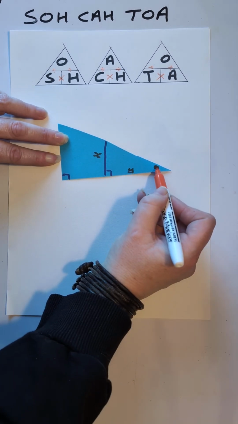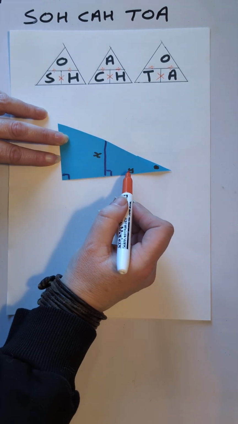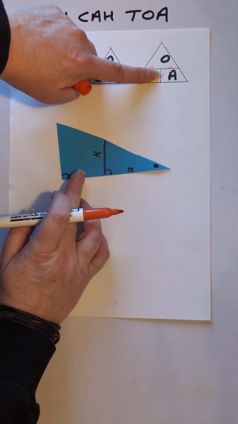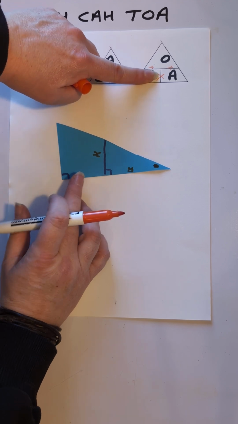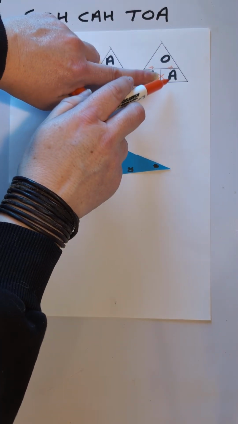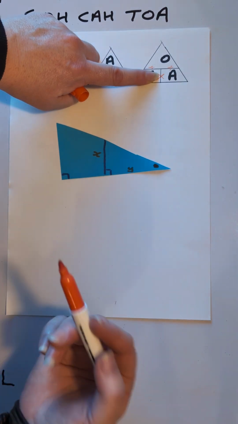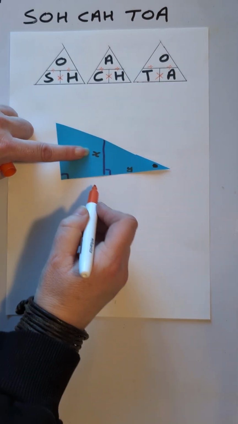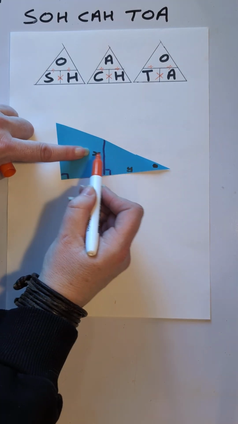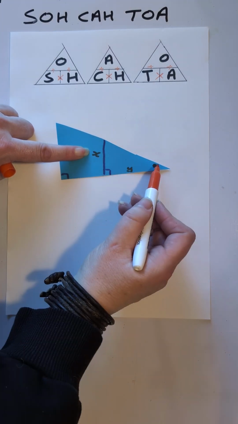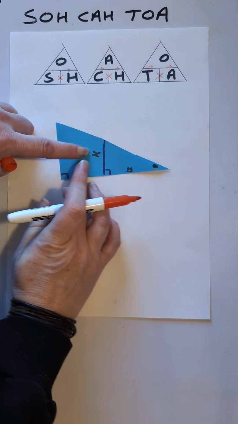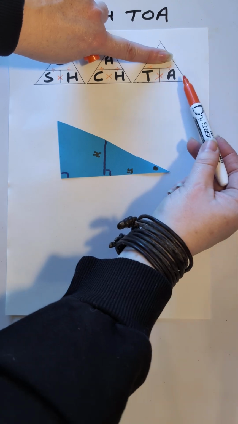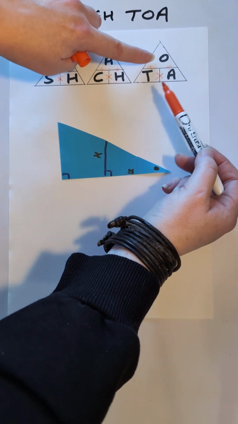If we were to find the angle and we'd been given the two sides, we would cover over the angle. So tan of our angle is going to be opposite divided by adjacent, and you would work that sum out. If you were looking for the x in this case, which is opposite, it's the furthest away from our angle, you would cover over the opposite, and you would have tan of your angle times your adjacent would give you your opposite.